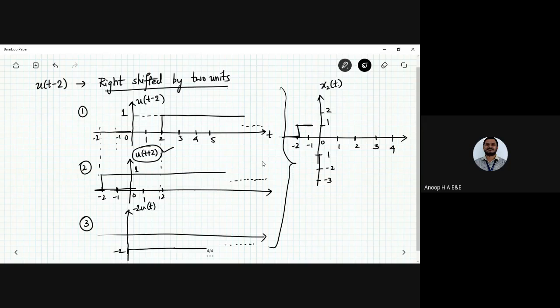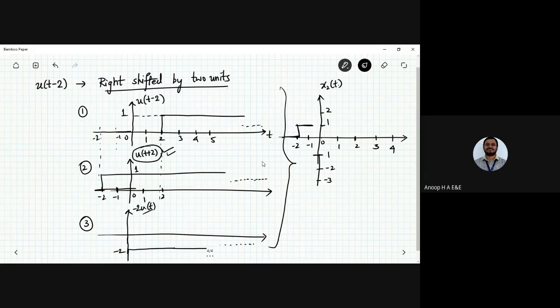At 0, if you observe clearly, you are going to have a magnitude 1, and here you are going to have a magnitude minus 2. So at minus 1 to 0, at 0 you are going to have a magnitude equal to 1 in u of t plus 2.